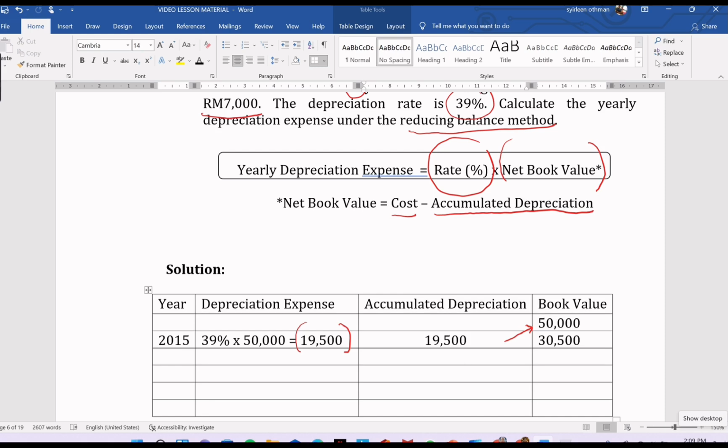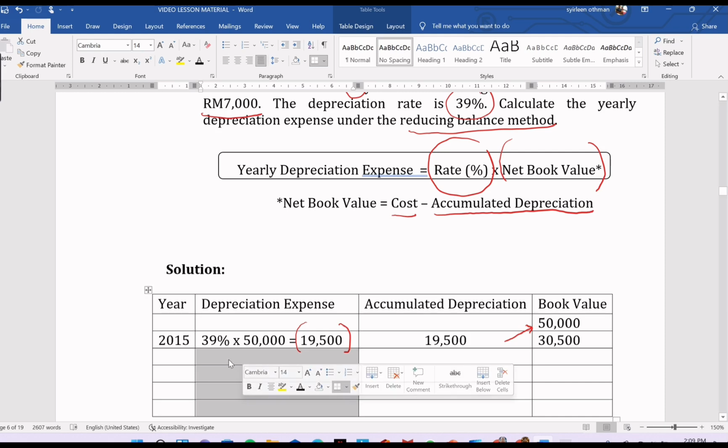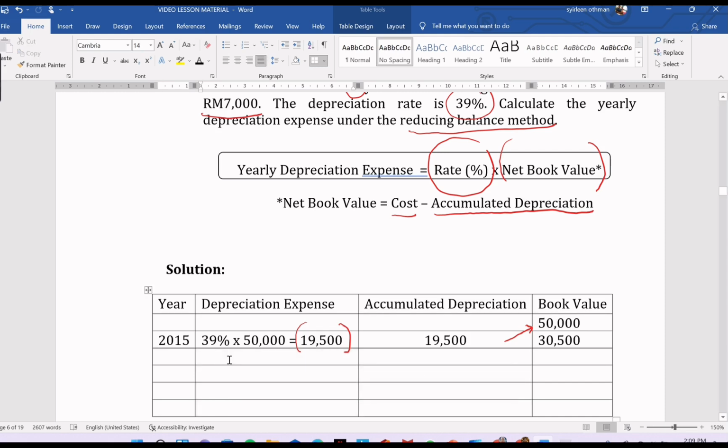This is when you deducted the 50,000 ringgit, the amount when you purchase the asset, with the accumulated depreciation. So next year on 2016, we cannot use the same value and just simply copy paste down here because we are not using straight line. If it's straight line, the depreciation expense is the same throughout the useful life. But for reducing balance or declining balance, we need to calculate every year sebab dia punya net book value tu dah berbeza.